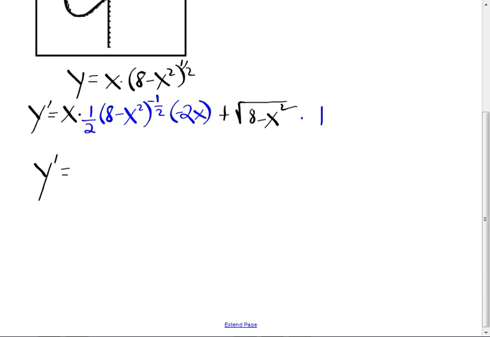First off, what happens to 2's? So I get minus x squared. What's x times x? X squared. Now, I don't like a negative exponent, so that puts it in the denominator. And the 1/2 is the square root.